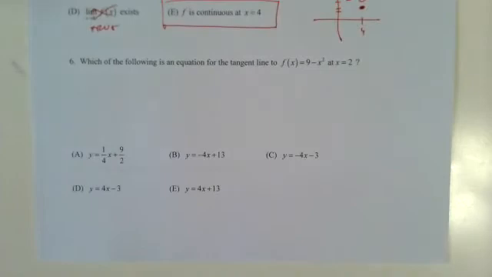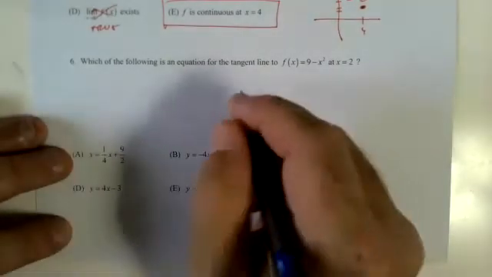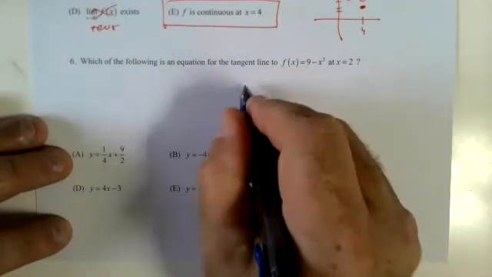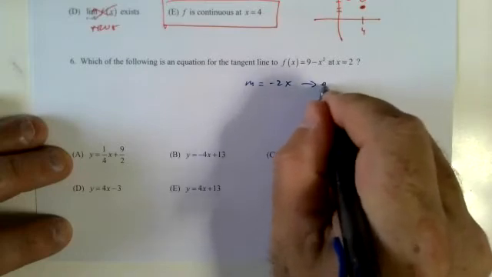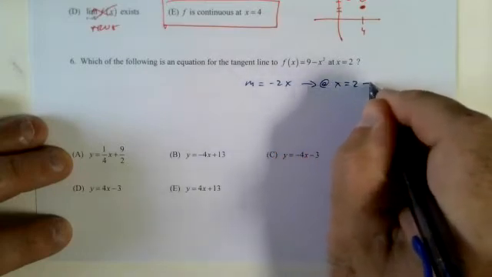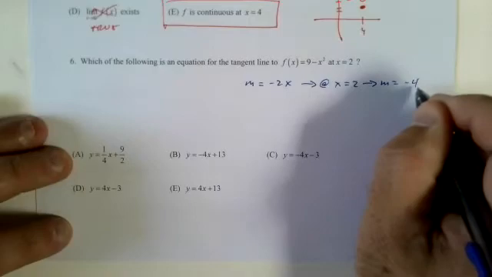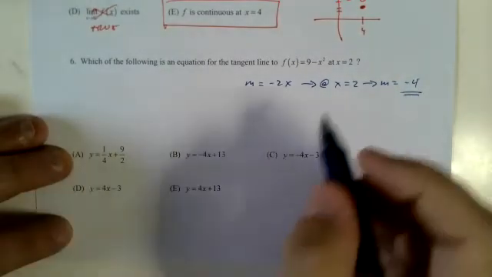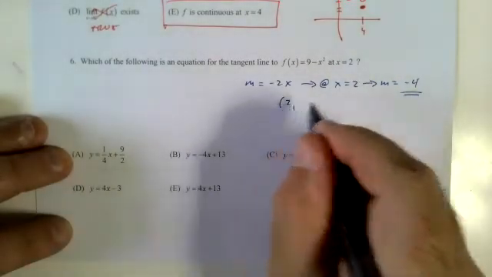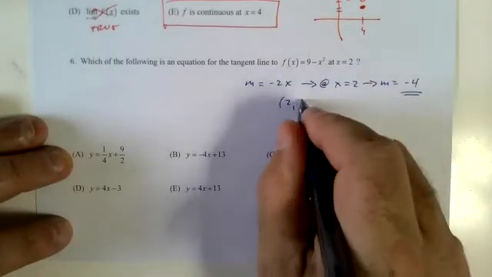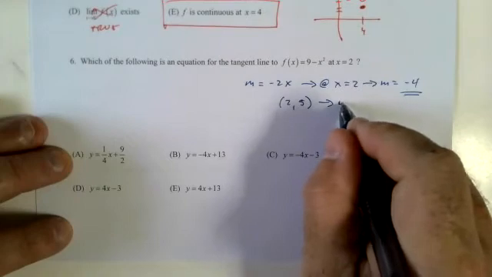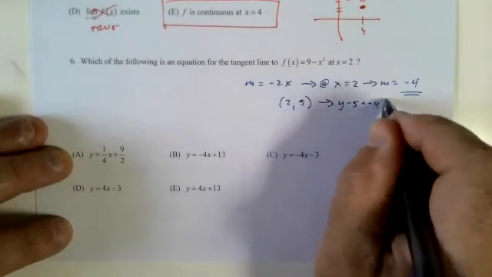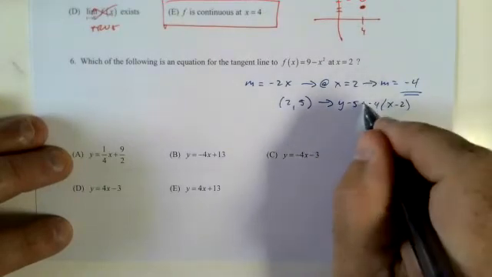Yeah, that's good stuff. Which is the equation of the tangent line at x equals 2? Well, we need the slope. So the slope is going to be negative 2x at x equals 2. Slope is negative 4. Plug in 2, we get 2 comma 9 minus 4, 5. So y minus 5 equals negative 4 times x minus 2.